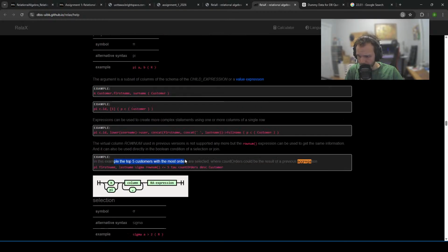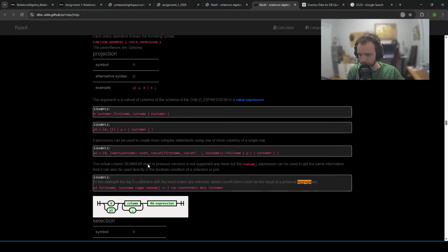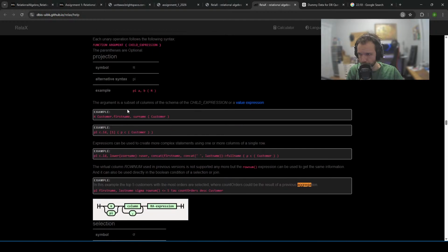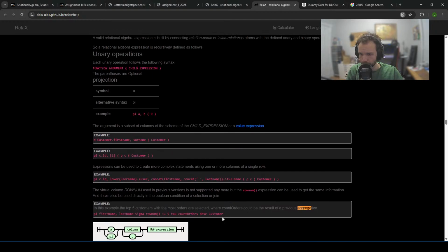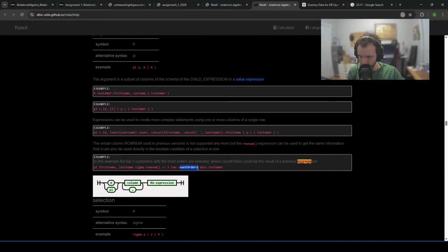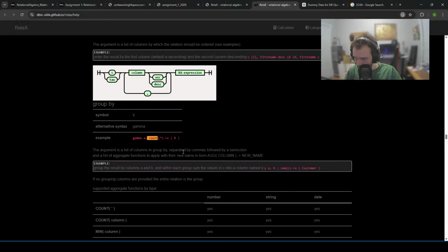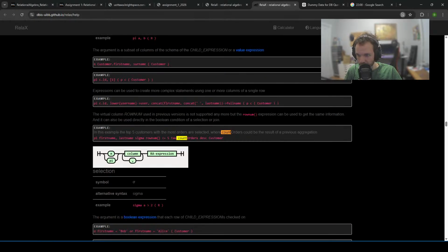In this example, the top 5 customers with the most orders are selected, where count orders could be the result of previous aggregation. What if I do space count? There is a count function. Yippee!